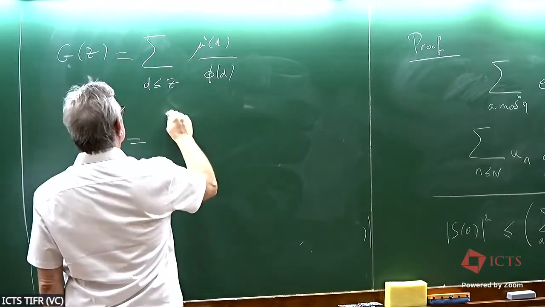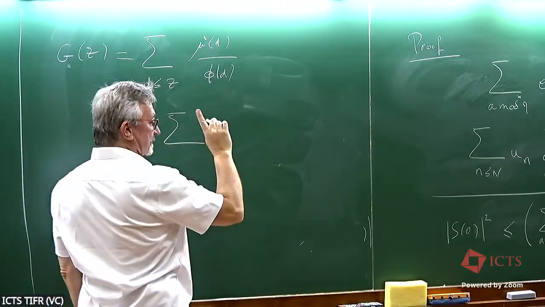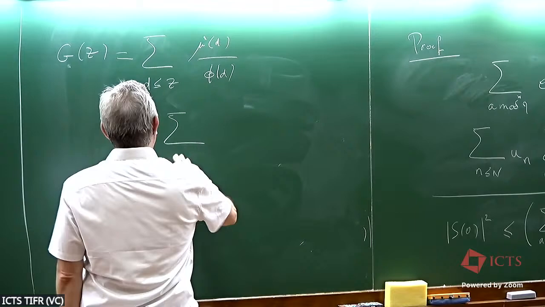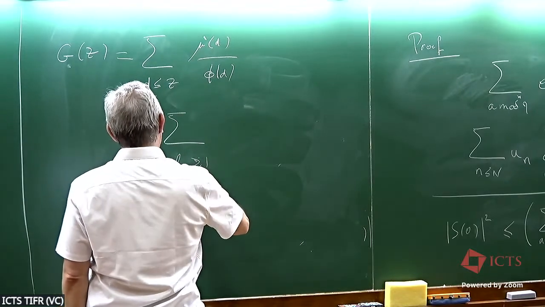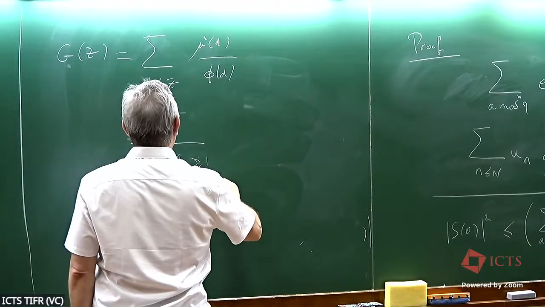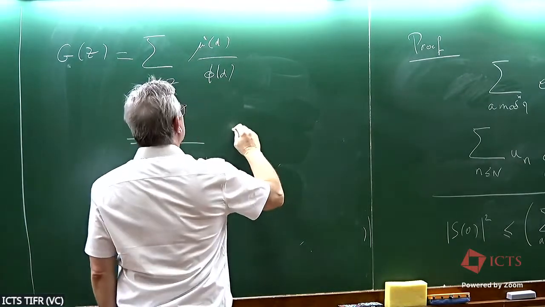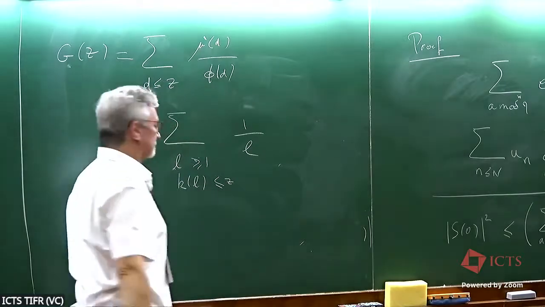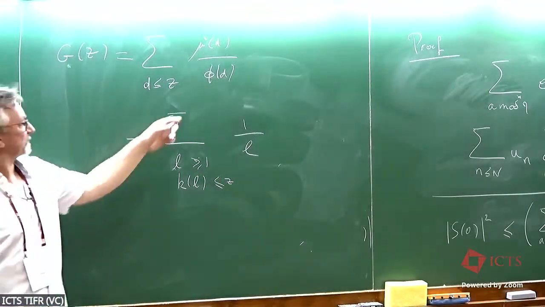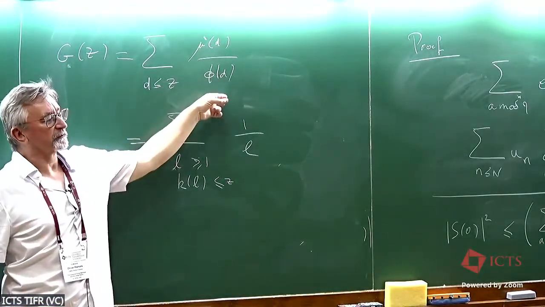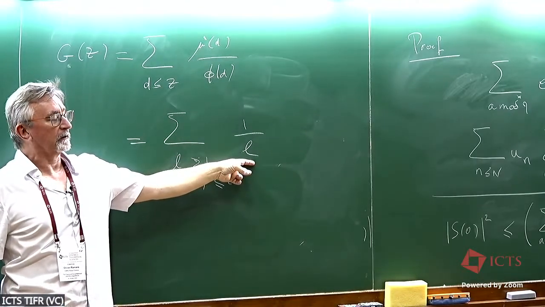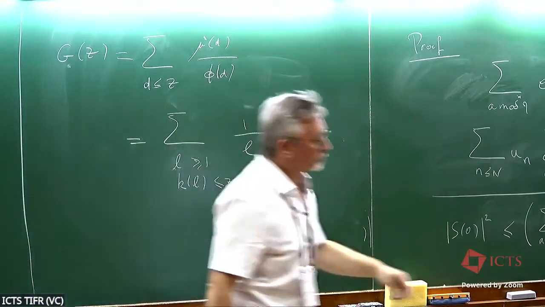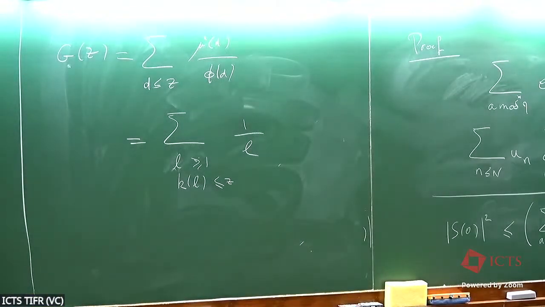So it's equal to the sum, think of it, for L larger than 1 with k of L less than z, of 1 upon L. Because this one, μ square d upon φ of d, is the sum of 1 upon L for, oh no, sorry, the square free kernel equal.